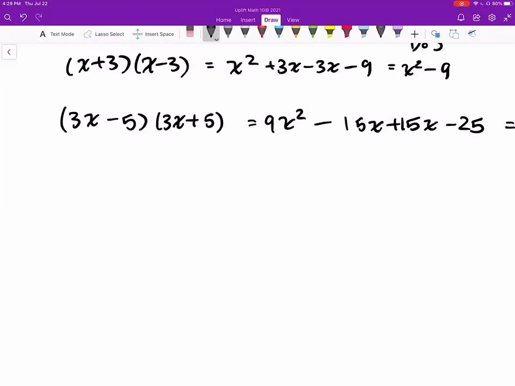So yes. Okay. We should try the other direction. We can have 9x squared minus 16y squared.